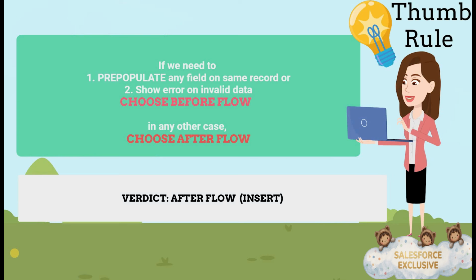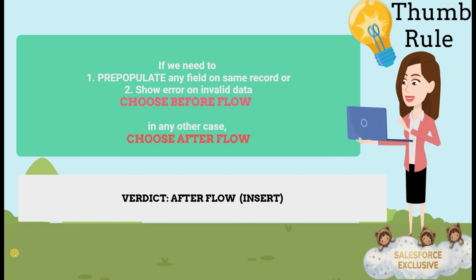Good. So for that we need to follow after flow. You remember our thumb rule, right? If we need to pre-populate any field on the same record or show an error on the invalid data, only then choose before flow, else after flow. In our case, we need to send an email notification and to post it to the chatter.